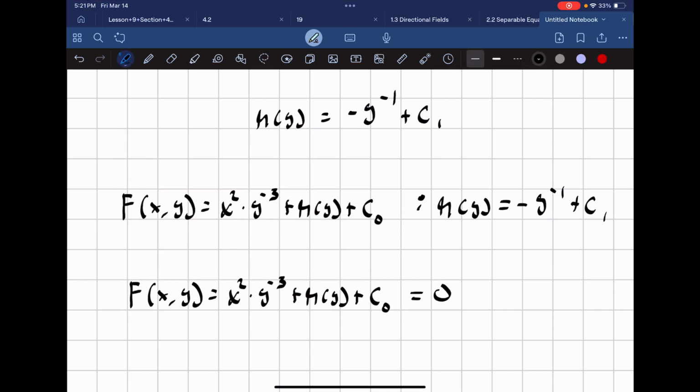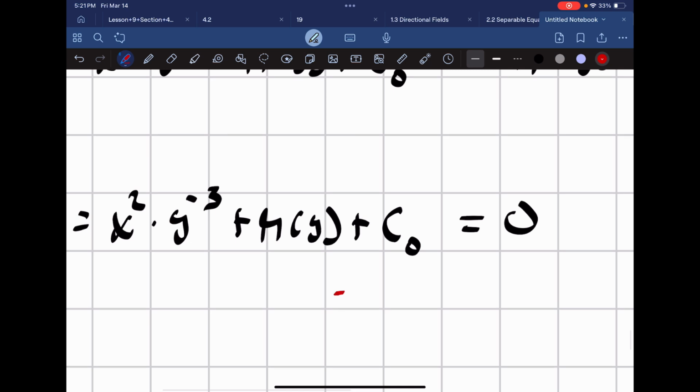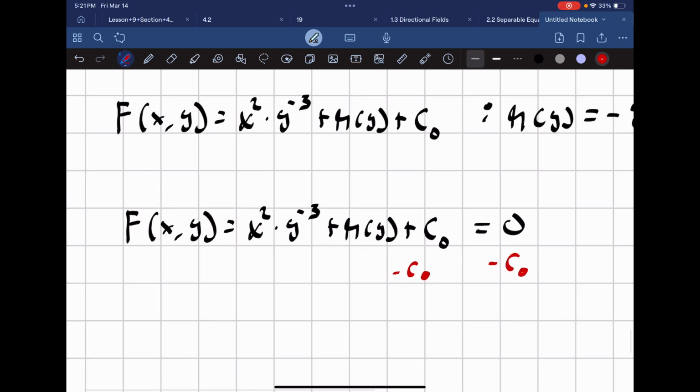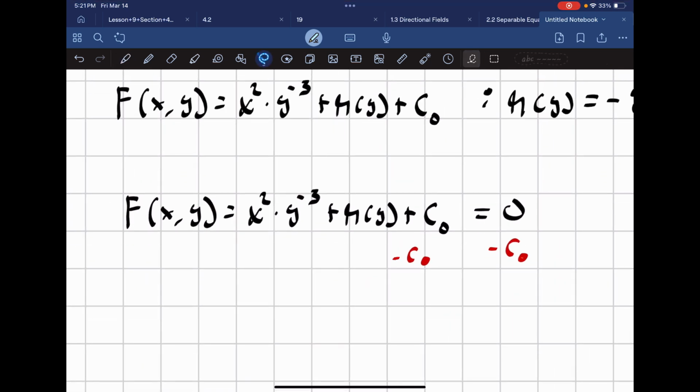We would have this equal 0, and we would minus c sub 0, right? That would just be another constant.